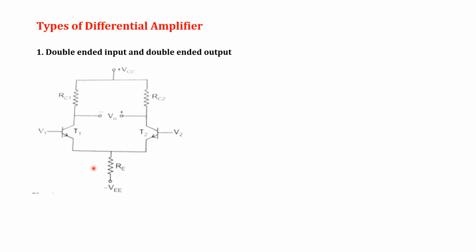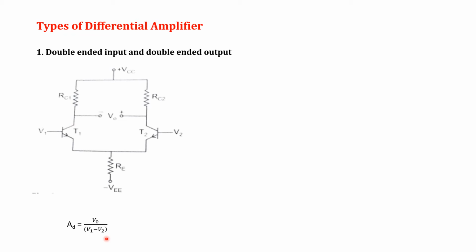In this case, both inputs V1 and V2 are present simultaneously, and output is taken between the two collectors. Then what is the gain of this type of differential amplifier? It is given as output voltage V0 divided by input V1 minus V2.